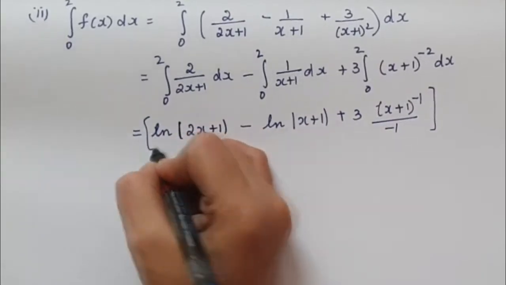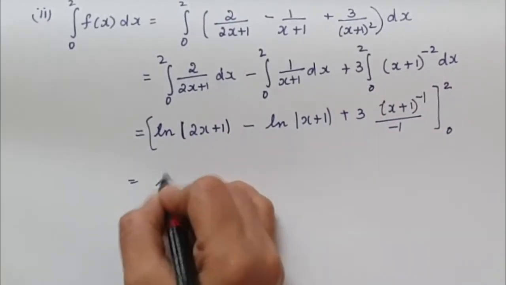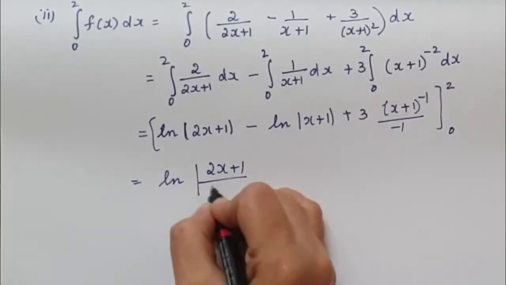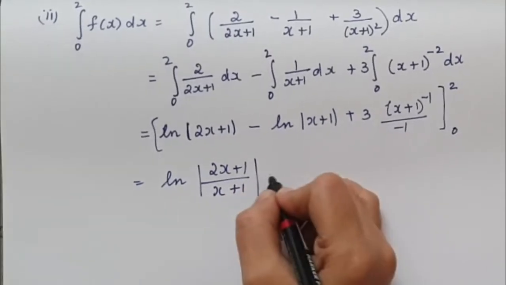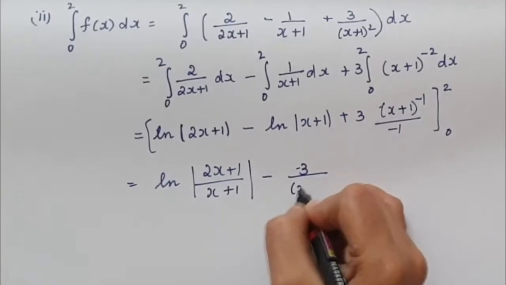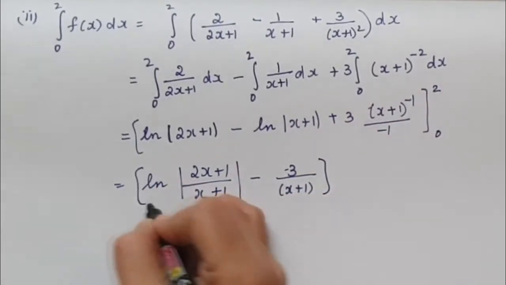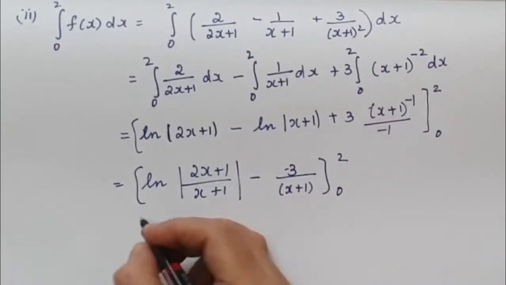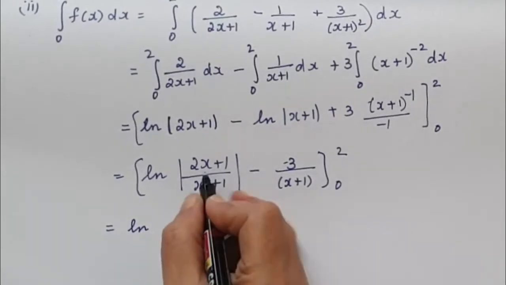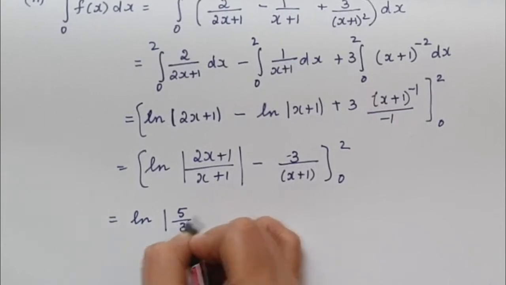For all this, the limits are from 0 to 2. So now, a negative thing, so we can write it as ln of 2x plus 1, we can write it as division by x plus 1. Then this is a minus, so it will be minus 3 by x plus 1. And then we'll be substituting the limits of 0 to 2. When we substitute the limits for 0 to 2, we'll get ln of 5 over 3, since 2 times 2 plus 1 is 5 and x plus 1 is 3.